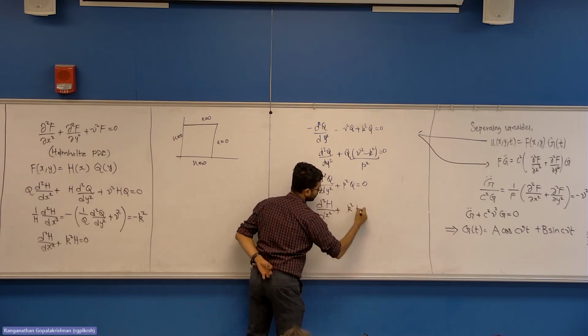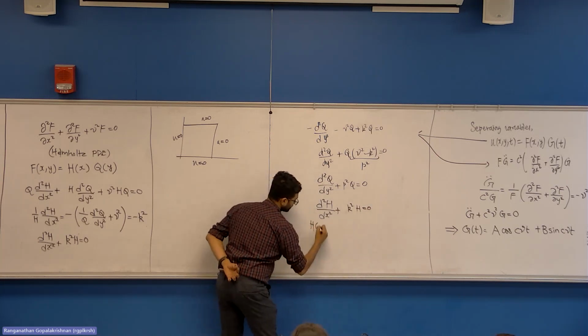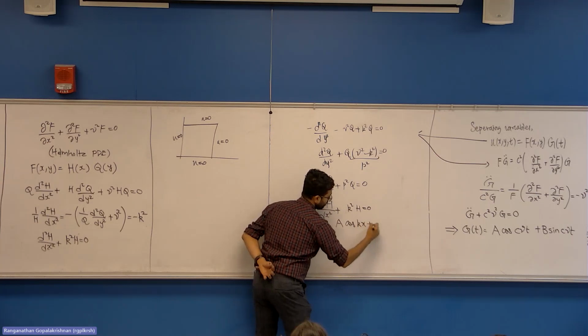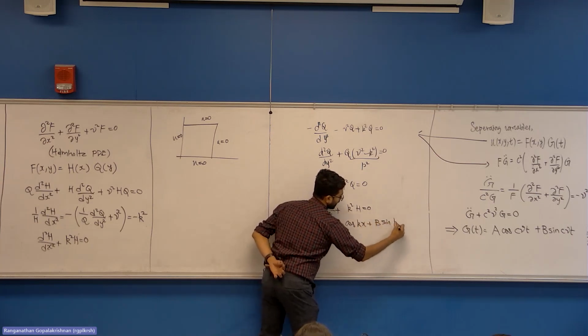plus k squared h equal to 0, which implies h of x is a cos kx plus b sin kx.